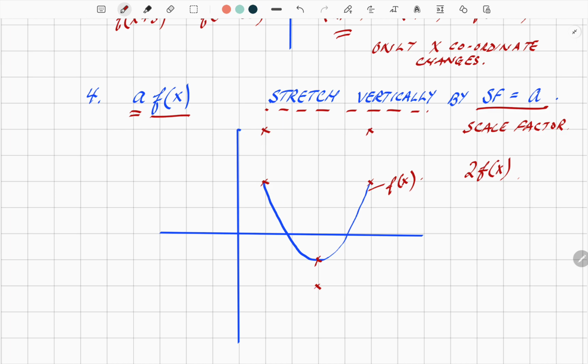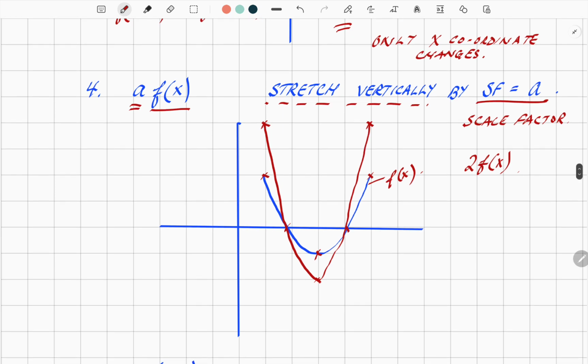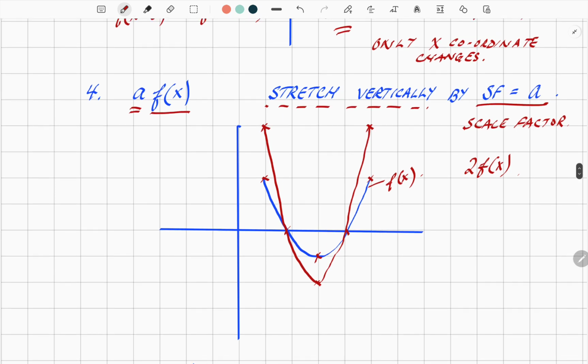And, oh God, this is going to be difficult to draw, but I'll try. The zero values don't change, all right? They will stay the same. So I'm going to try and hit those points. Not the best graph in the world, but as I said, you get the picture, all right? So these ones have been doubled, times 2, not plus 2, times 2. And again, if it was 3, minus 1 at the minimum point, now it becomes 3, minus 2, all right?